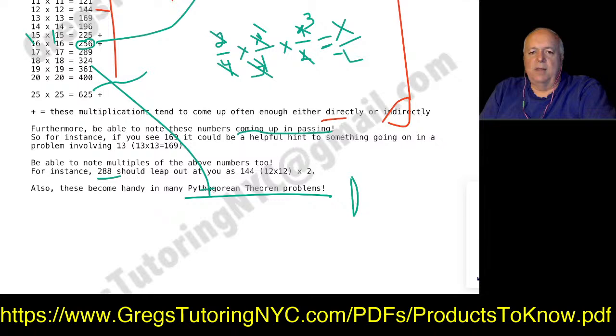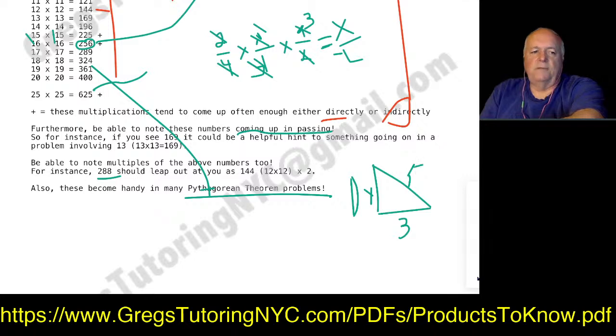And by the way, with that same notion, let's say this was a 3, 4, 5 right triangle, right?